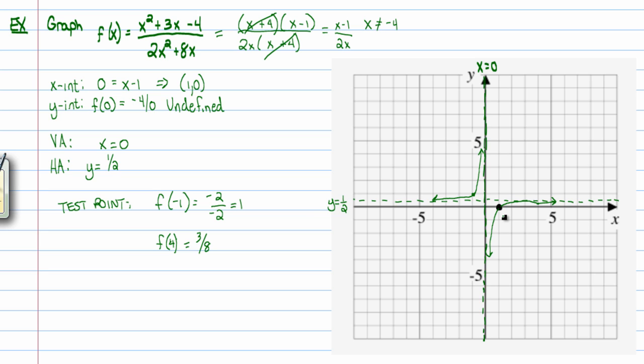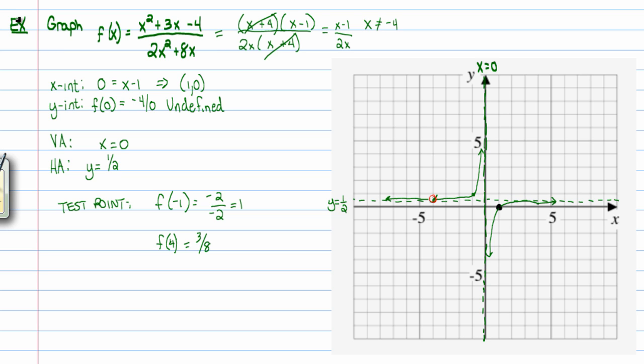Now, the one thing I'm not addressing is the fact that x cannot be negative 4. So let me address that right now. X can't be negative 4 means that when I approach x equals negative 4, there's going to be a hole in my graph, and not a vertical asymptote, just a hole. The graph will continue on past that.